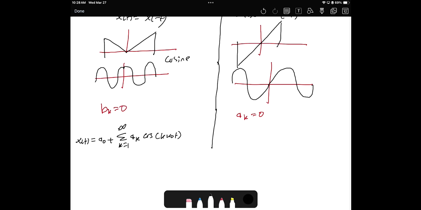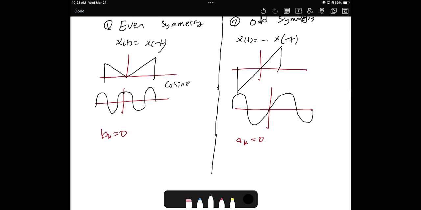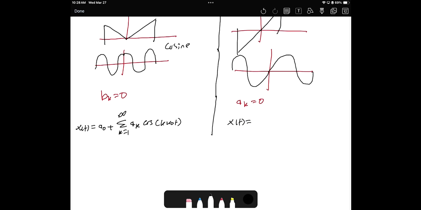That's it. While for odd, ak will be 0. So x of t will be a naught plus the sum from k equal 1 up to infinity of bk sine k omega naught t. So it's just the term associated with a or with b; ak will be 0 or bk will be 0, depending on if it is even or odd.